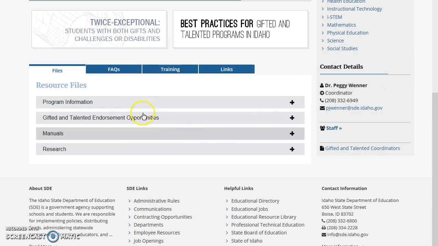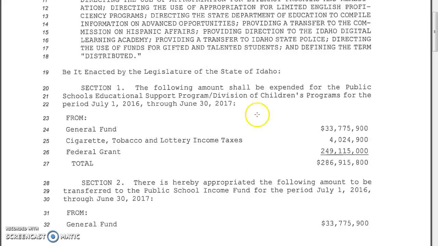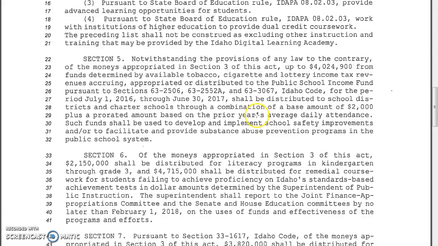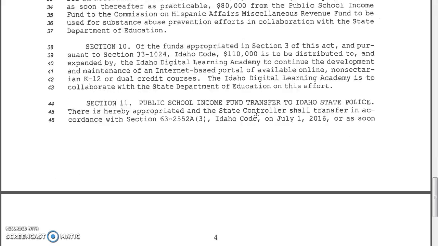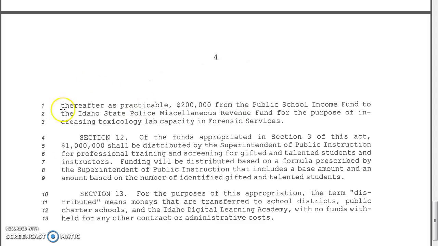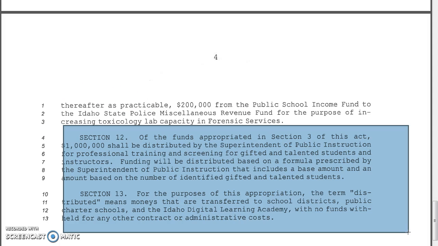And then if you go down here under program information, the newest House Bill 620 that talks about the money and how the money can be used, and especially if you go down to the very end, sections 12 and 13 down here, this is the money that is specifically appropriated for gifted education.